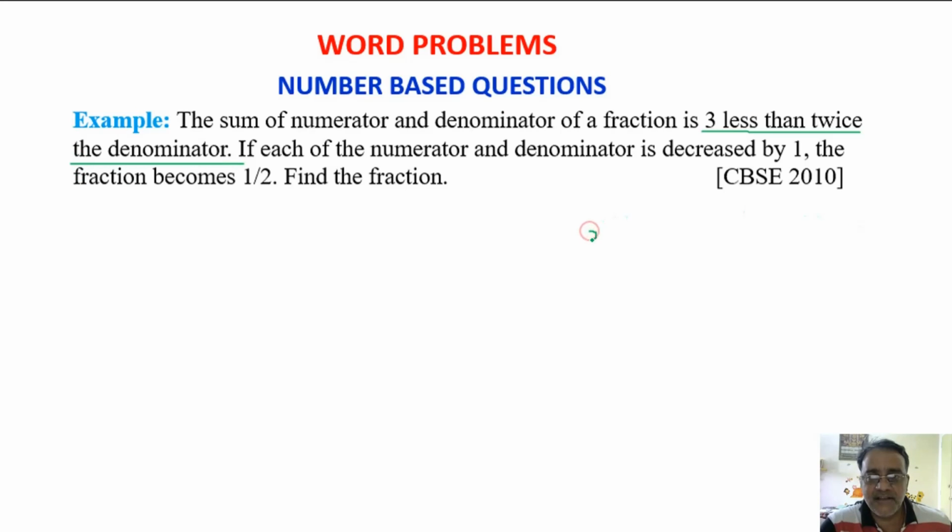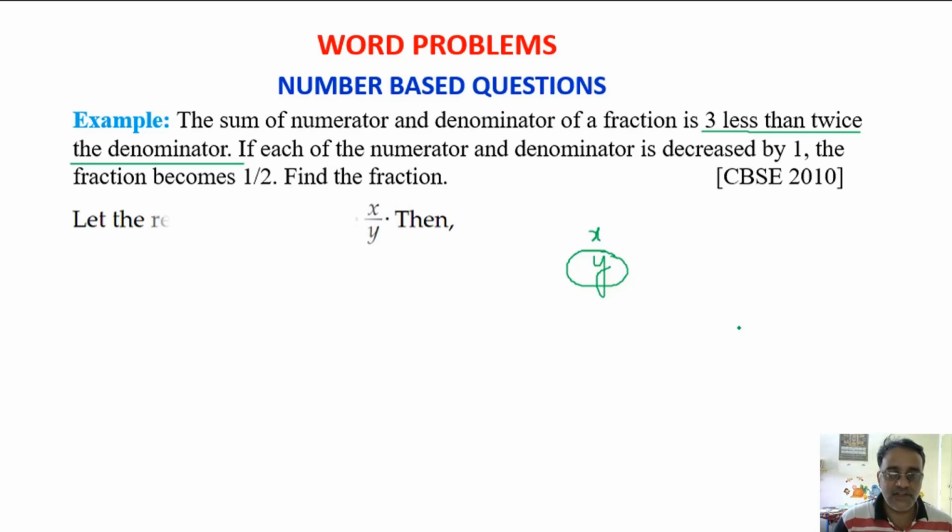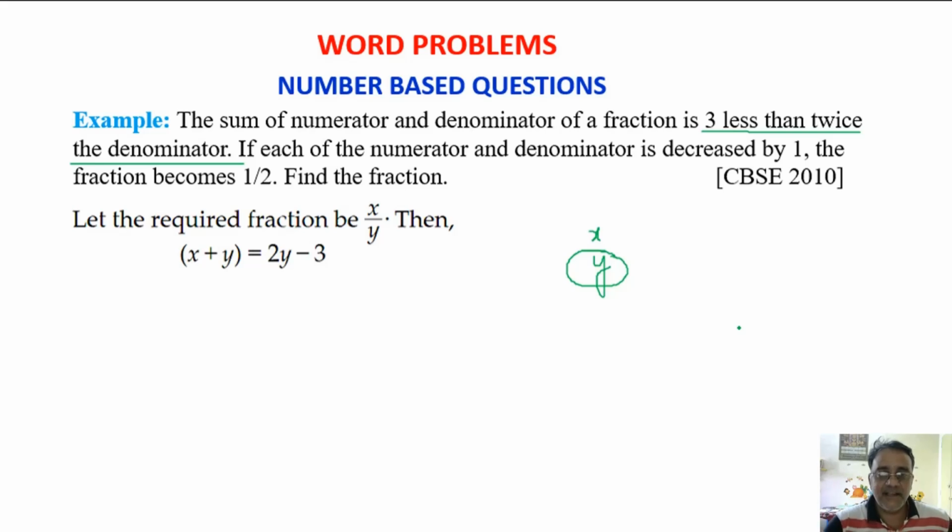Suppose you are writing the fraction x upon y, so the sum of the numerator and denominator is x plus y, and it is 3 less than, which means minus 3, twice the denominator, which means 2 times y. So let the required fraction be x upon y, then x plus y is equals to 2y minus 3.